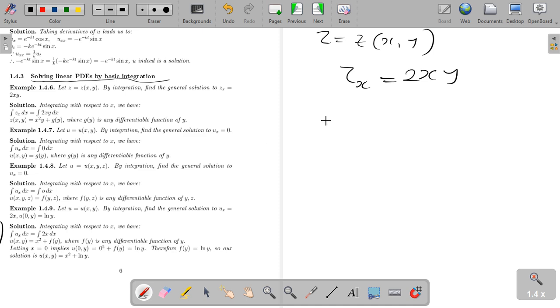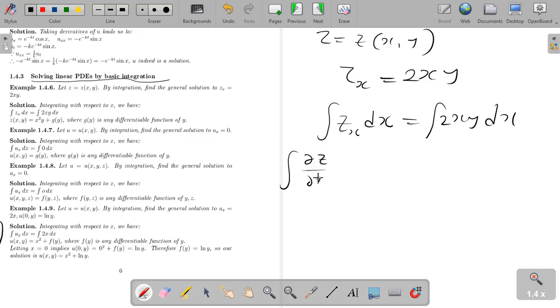So we have the integral of z with x, dx, will now be the integral of 2xy dx. This z with small x is partial z over partial x.